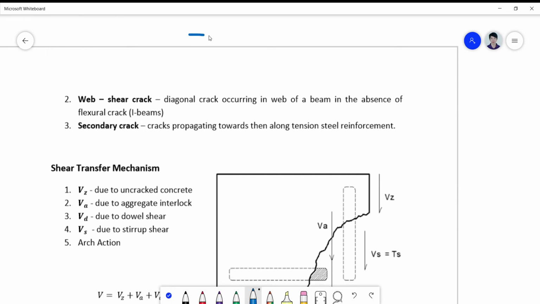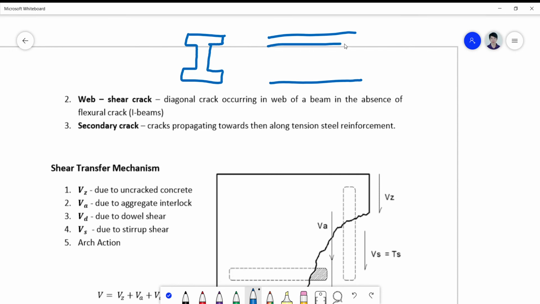So if you have a section of beam that is an I-beam like this, like those used in bridges, the prestressed precast girders, your crack pattern of the beam, if you look at the longitudinal view, will not be initiated by flexure, but rather will start from a shear crack like this, because the width of the beam here is smaller than the width of the beam at the flange.